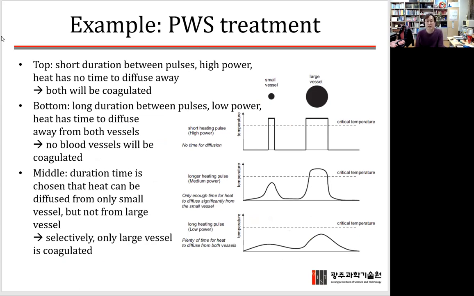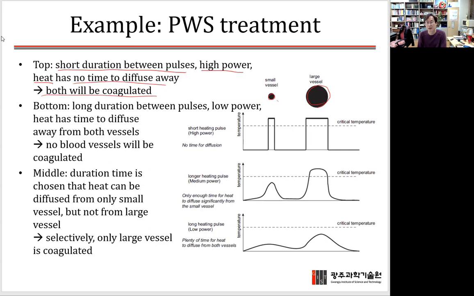So you are seeing this example here, large blood vessel here, and then small blood vessels are here. When you look at the top case, when you are giving a short duration between pulses, and you have a high power, then the heat has no time to diffuse from the blood vessel, so that both of the blood vessels will be coagulated.